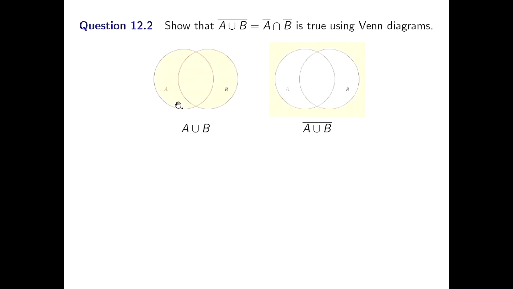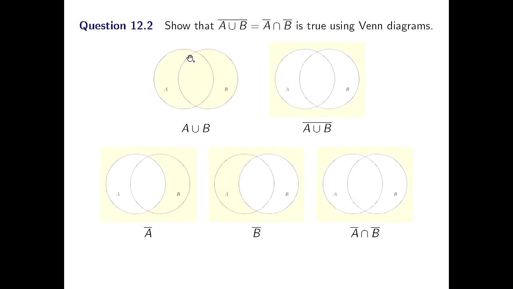We shade everything that was not shaded in the original diagram. This is A complement. This is B complement. So to get A complement intersect B complement, we shade anything that was shaded in both of these. That's just this outside bit, and you can see we've got the same diagram here, right? So that's the truth. For any sets A and B, this will hold.